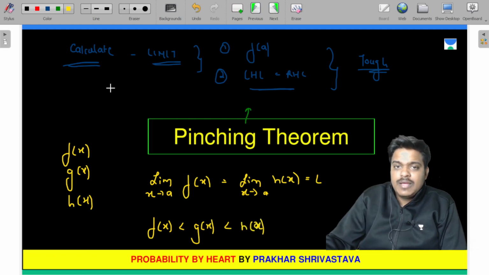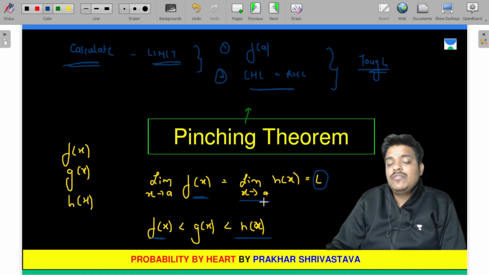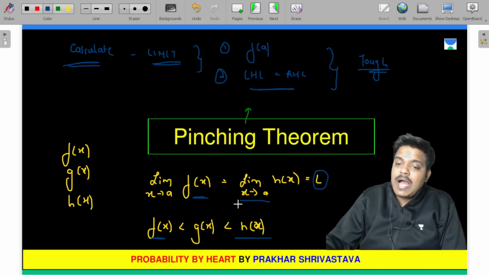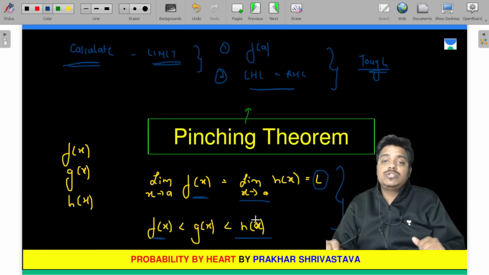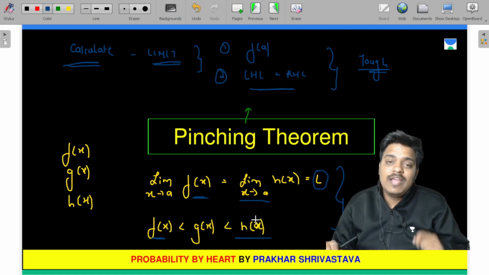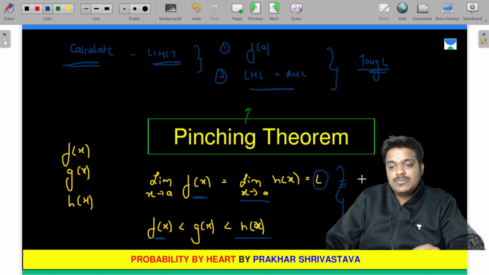So if the limits of the extreme functions are approaching L as x is approaching a, don't you think that if the lower function and the upper function both are approaching the same value L as x is approaching a, this should be valid for g as well? So that is why limit x tends to a, g of x will also be L.